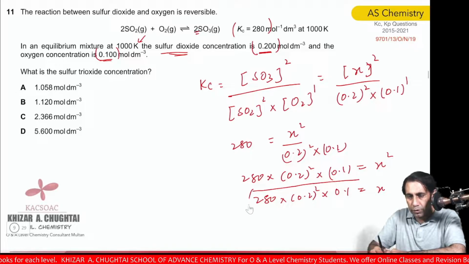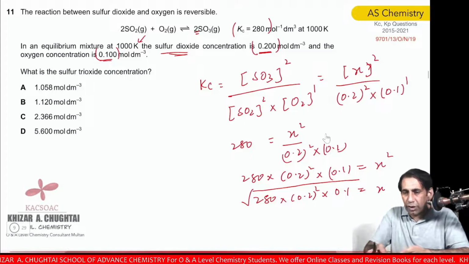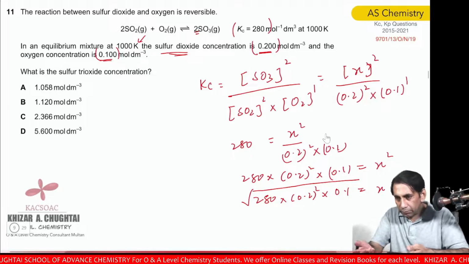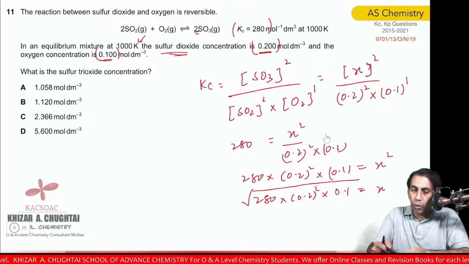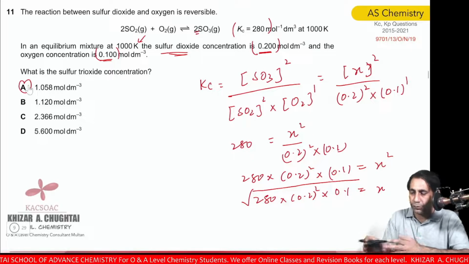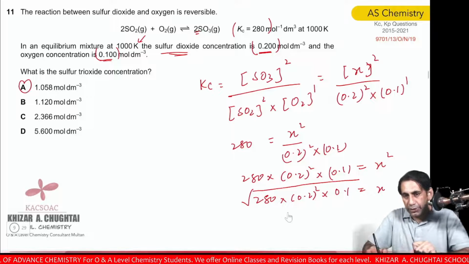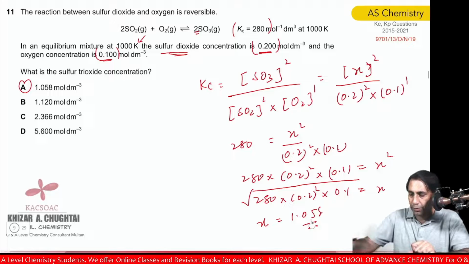This answer is the concentration of sulfur trioxide, which is 1.058. A is the correct option. The answer of X is 1.058 mole per dm cube.